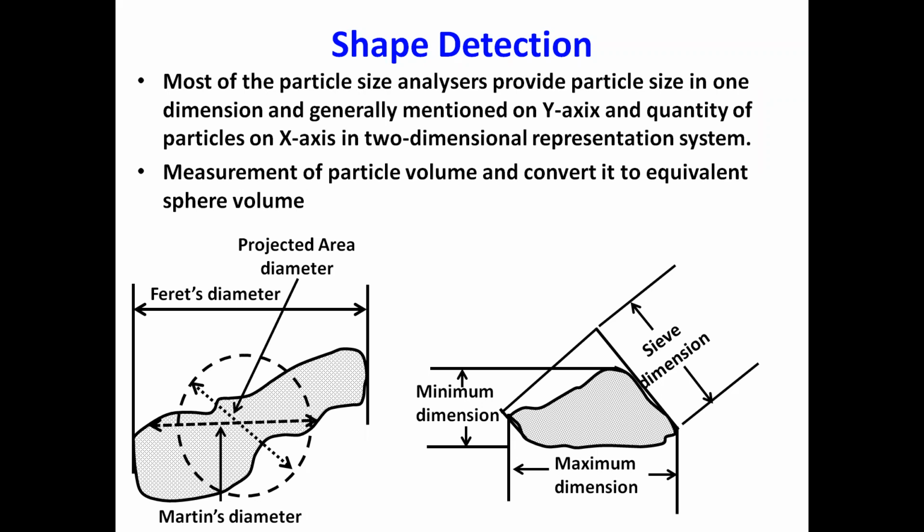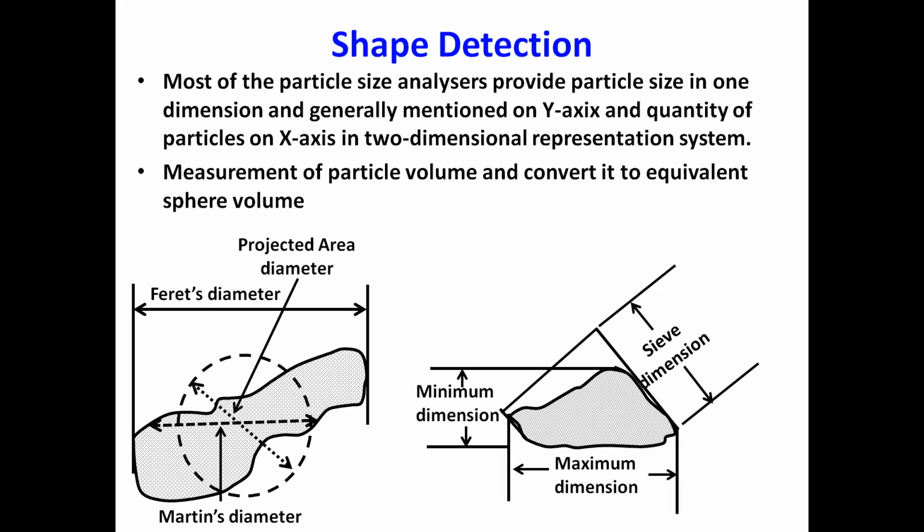Now we come to the diameter. How can we give proper nomenclature to these diameters? The first one, the maximum one which you are seeing here, is represented by Feret's diameter.